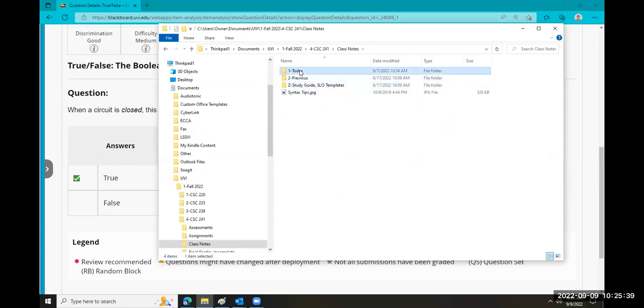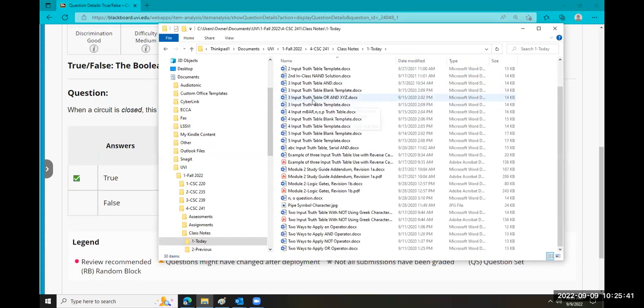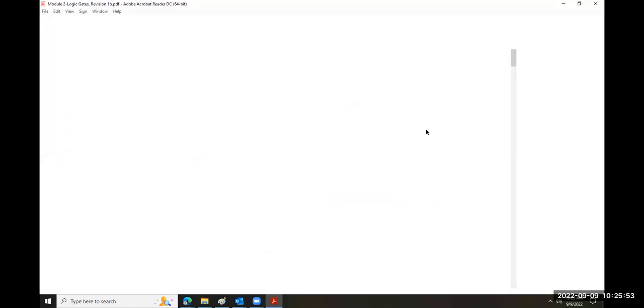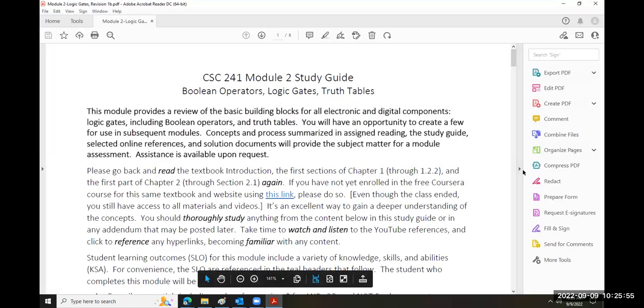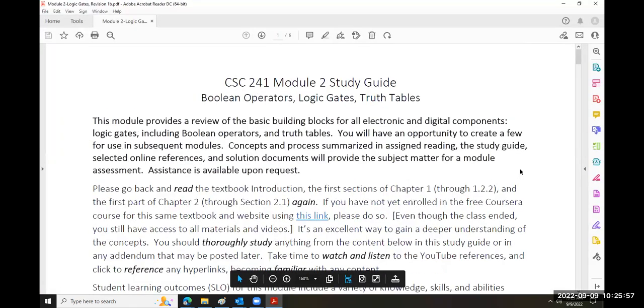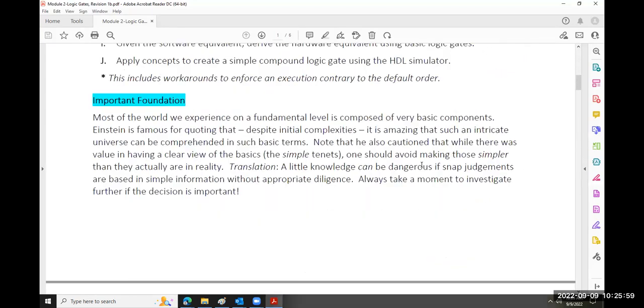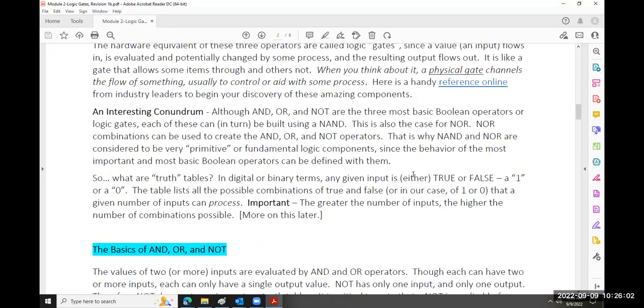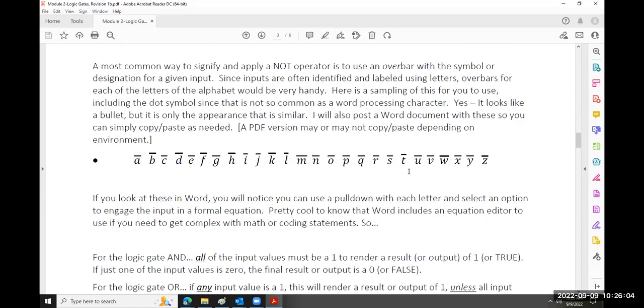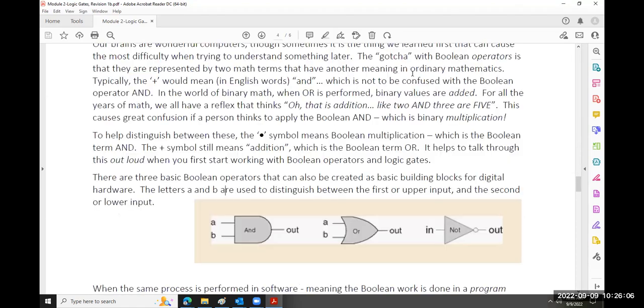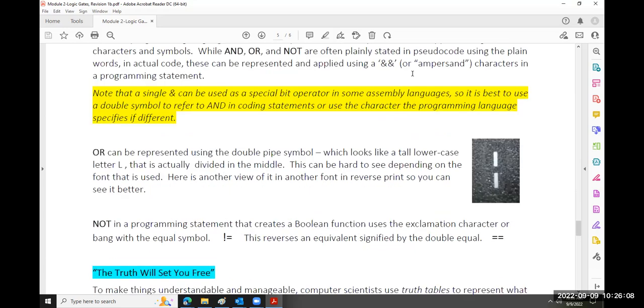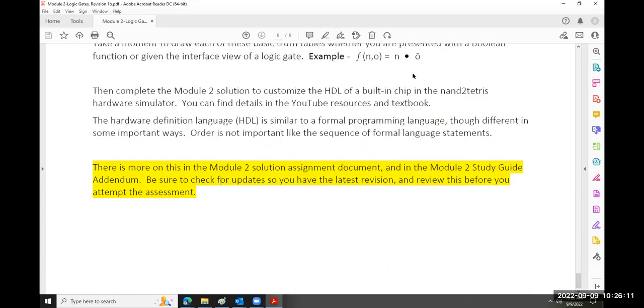Let's take a quick look in our module 2 study guide. Might be in a later module, but it shows circuits. Maybe it isn't. Okay.